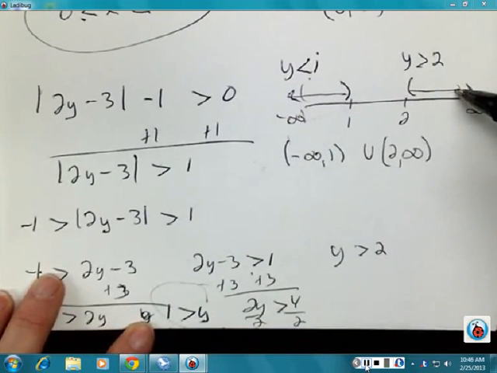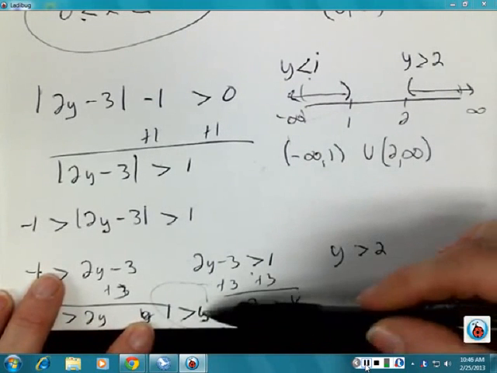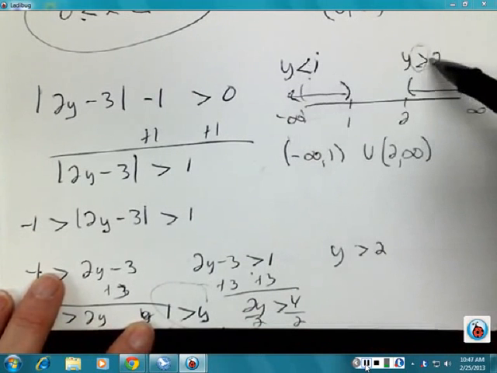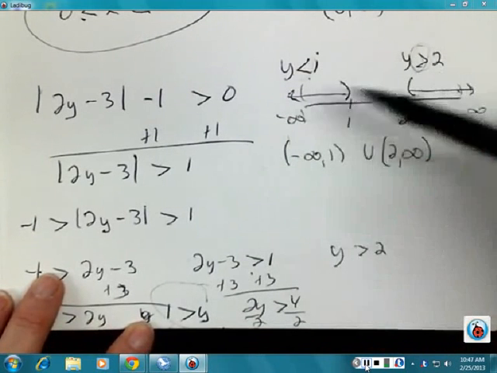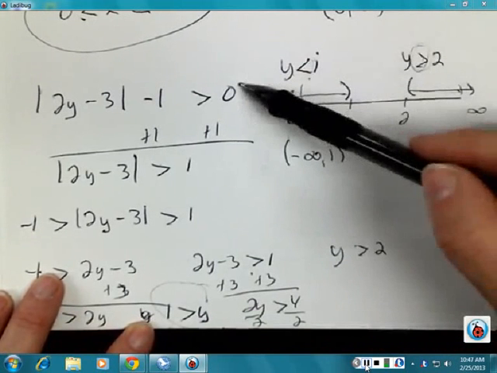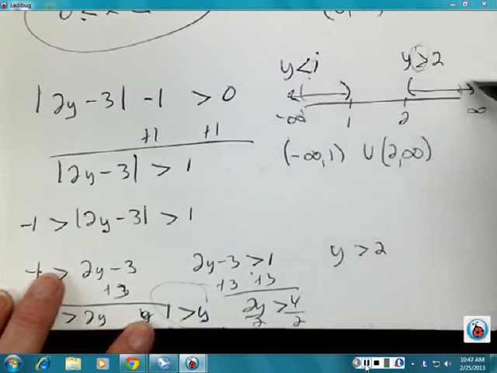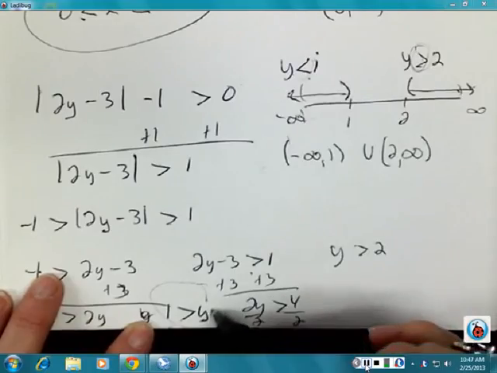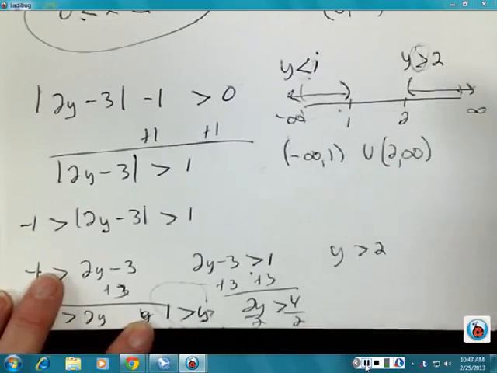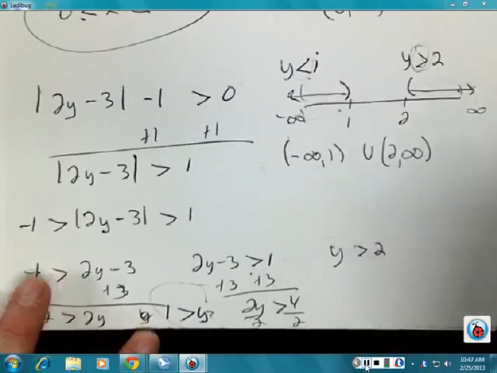Because if I reverse it, the point goes to that, and these inside of here, they told me which direction to go on my number line. Because this points me to the left, and this points me to the right. But if I left it like this, I might go the wrong way on my number line. That's the reason.